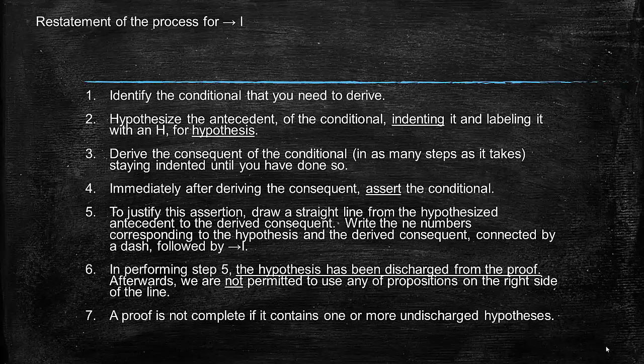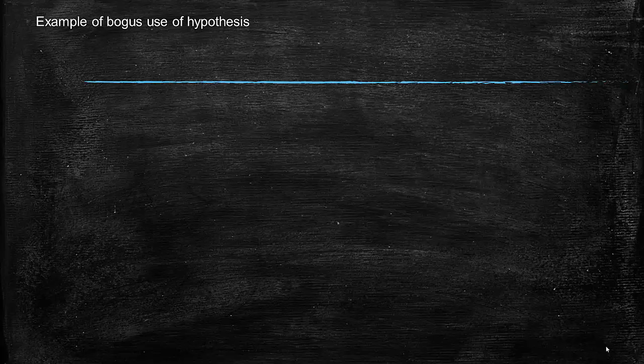Before we show you some applications, I want to try to warn you about one of the most basic mistakes that people get involved in when using conditional introduction. It's very peculiar, but you will at some point find yourself tempted to do it at least.